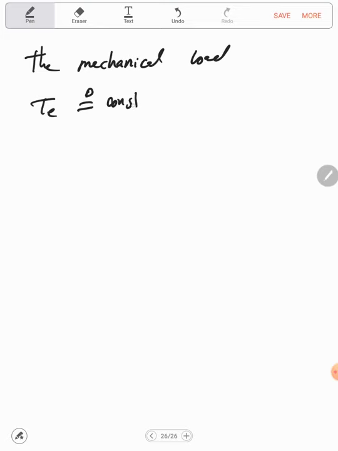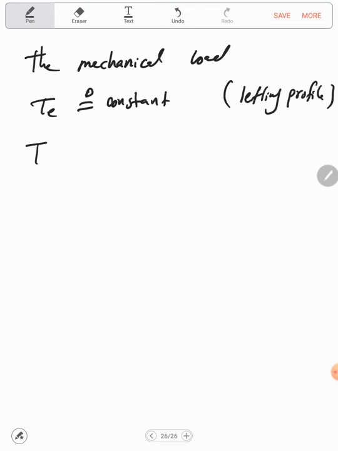So simply for the mechanical load, we have TE constant, and this load is related to lifting, related to, let's say, a crane and so on. So this is a lifting load profile.